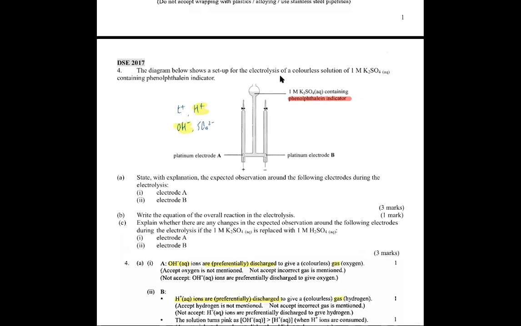Now I got a question: why is it hydroxide ion but not hydrogen ion? You mean at which electrode? At A, electrode A. Because it's connected to the positive side.